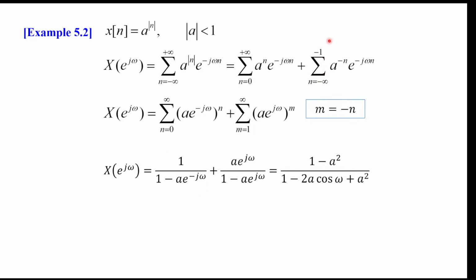And for the n less than 0 part, we do a change of variable. We change n to minus n, and this is a summation from n equals 1 to infinity of a similar function, a e to the j omega to the n. Okay. So you sum over these two geometric series, and skipping the algebra, you get this result: 1 minus a squared over 1 minus 2a cosine omega plus a squared.